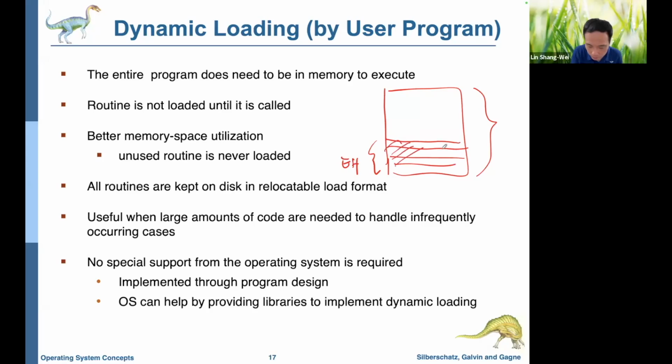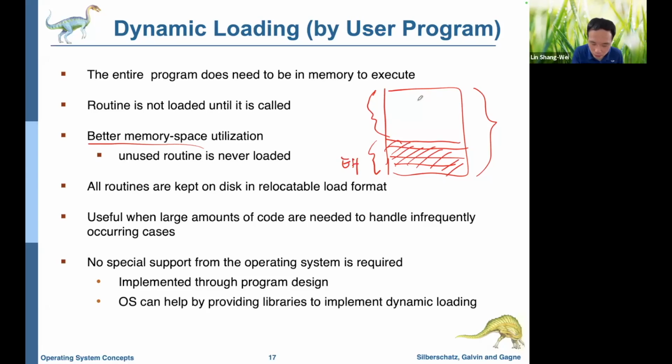This part is rarely used, so maybe we don't want to load it in memory until we need it. This is called dynamic loading. Only the main part is loaded into memory, and the error handling routine is loaded only if it is needed. In this case we can have better memory utilization.